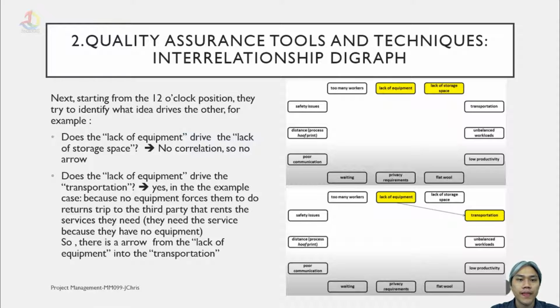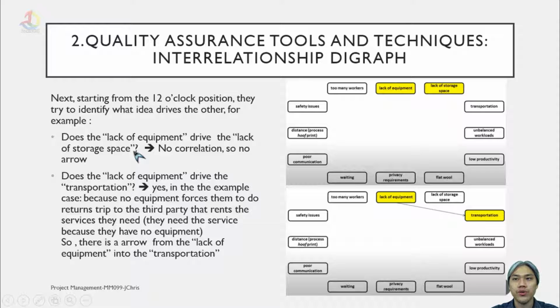For example, after we state the characteristics and problems that we get from the team in the brainstorming, let's start from lack of equipment and its relationship to lack of storage space. Does the lack of equipment drive the lack of storage space?